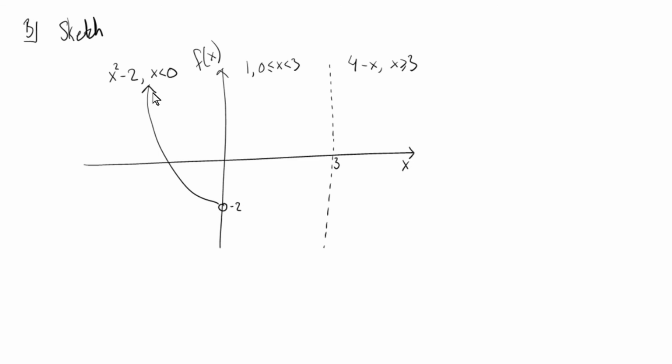Okay. Then between x equals 0 and x equals 3, the function equals 1. So the y-intercept here is going to be 1. We include that point, but we exclude 3. And then finally, when the function is 3 or greater, it's a linear function with a negative slope. So it's going to be looking something like this.